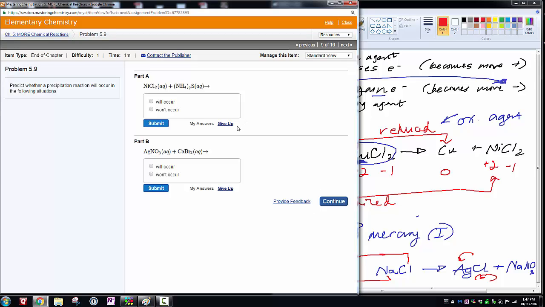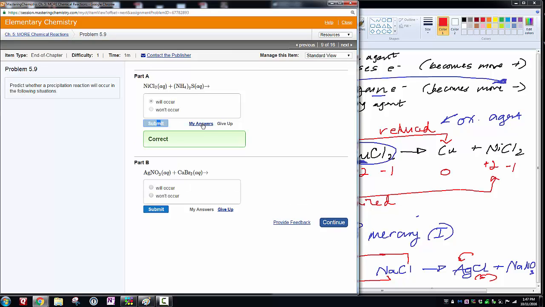All right, precipitation reaction, same story. Here we're going outsides. We're going to get a nickel sulfide, and insides gives us an ammonium chloride. And if you eyeball this, you know that ammoniums are always soluble, but nickel and sulfur, neither of those are listed on our list of things which are soluble, so we can presume that the nickel sulfide would form a precipitate. So again, same story, outsides and insides.